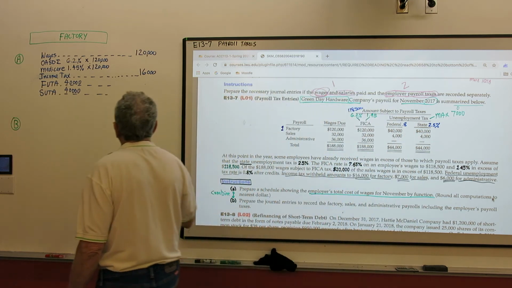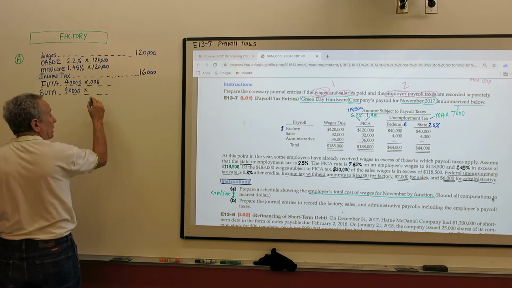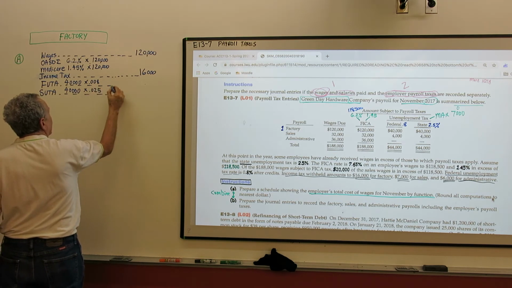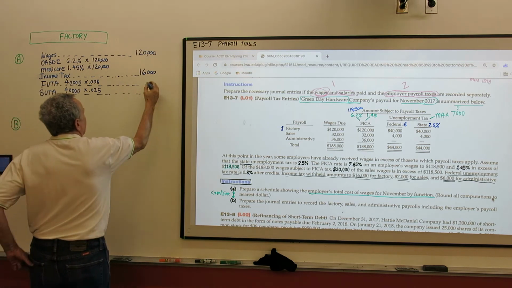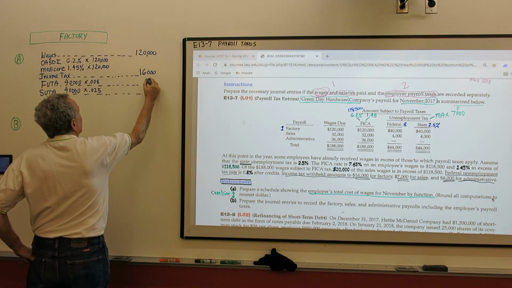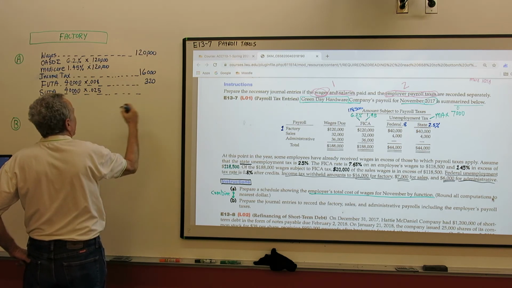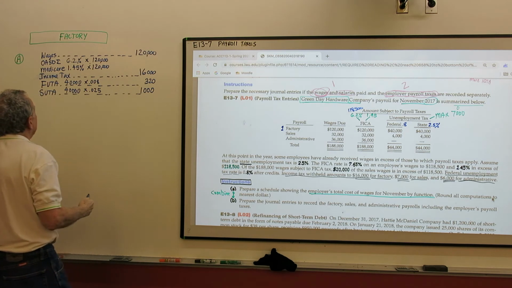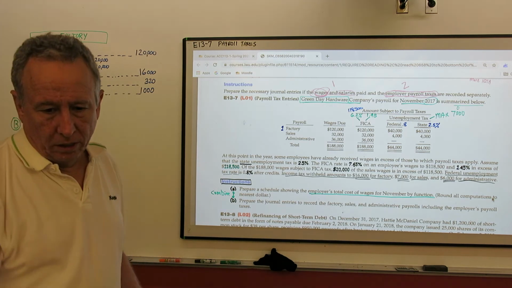So 4 times 8, really 0.008. Let's do it to decimal, 0.008. And this will be times, what's the other one? 2.5%, 0.025. And I don't know what that's going to be. 4 times that, I think it's going to be $320. This will be $320, and then I think that's going to be $1,000. All right, and I do not know what that other one's going to be. Let's see.